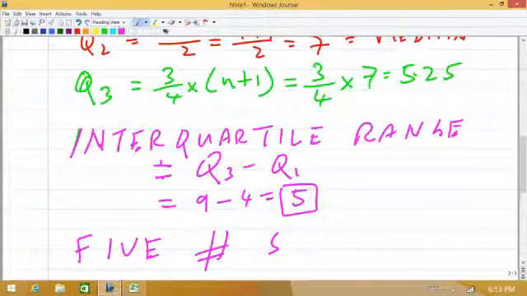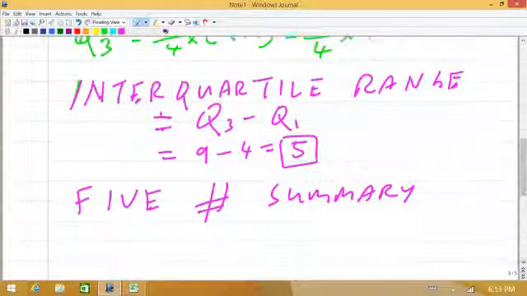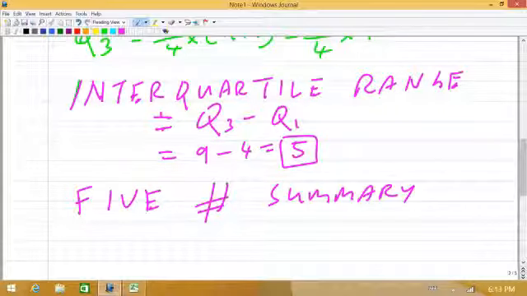What this 5-number summary helps you to tell is whether the data is symmetric, skewed to the left or skewed to the right. So this is another way of looking at the data.